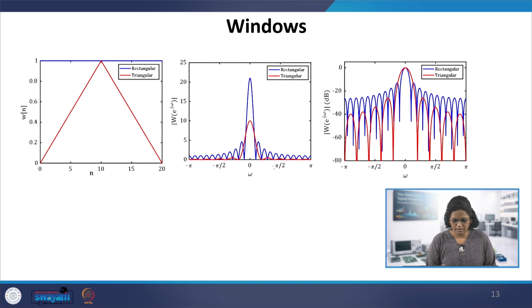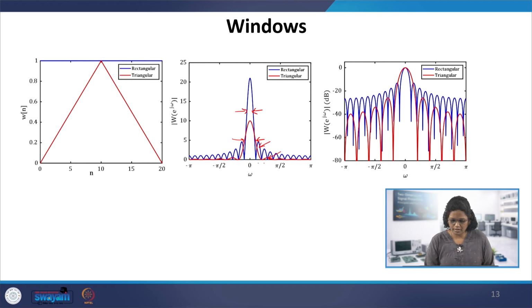If you get the response W of e power j omega, the Fourier transform of it, the blue one has the smaller main lobe width, and the triangular one has a wider main lobe width compared to it. And if you see the side lobe levels, the triangular window has the lower side lobe level.